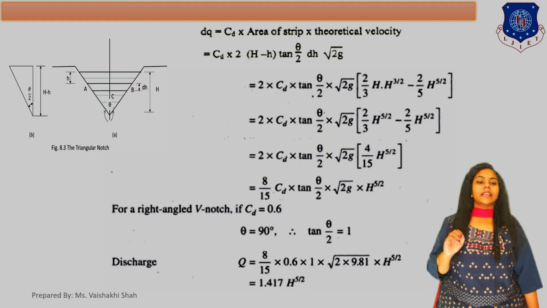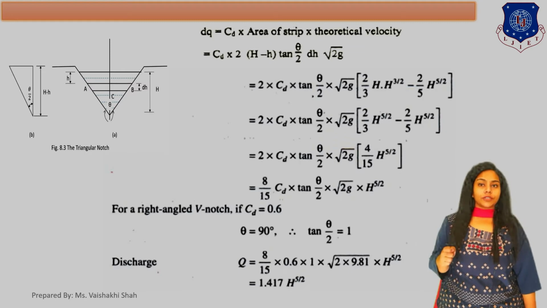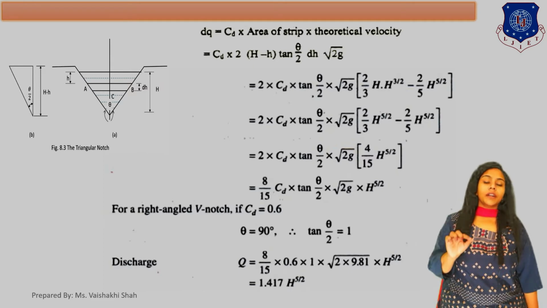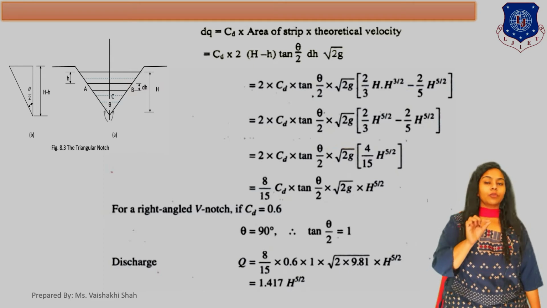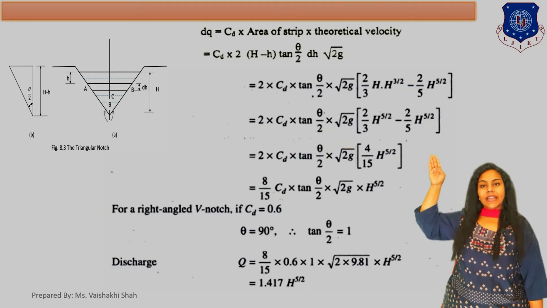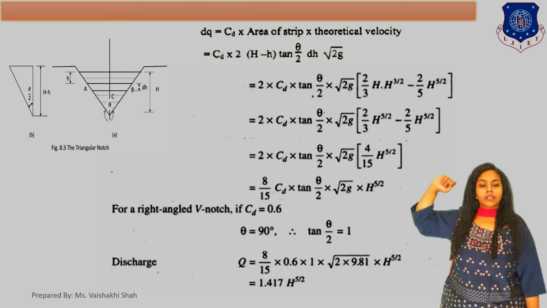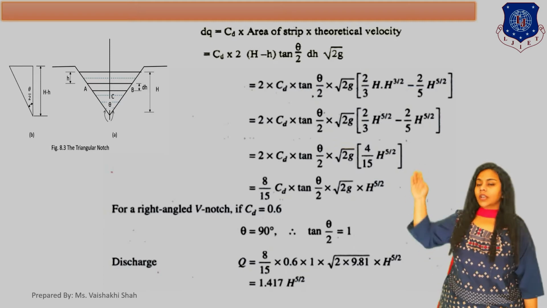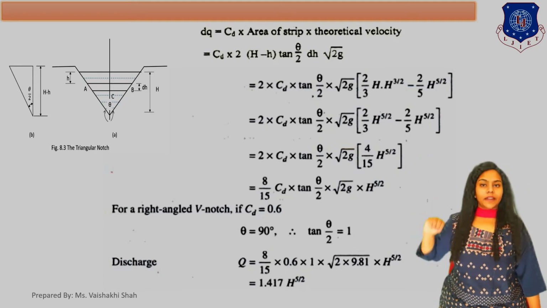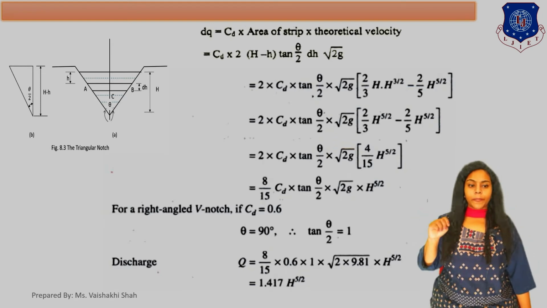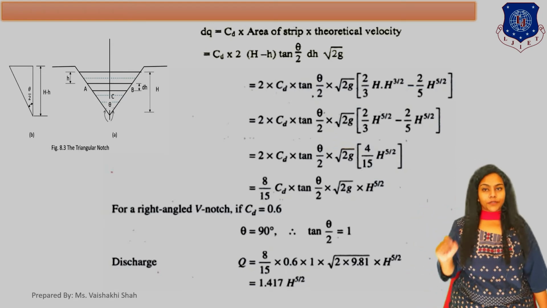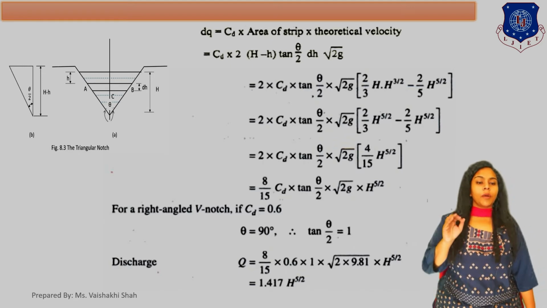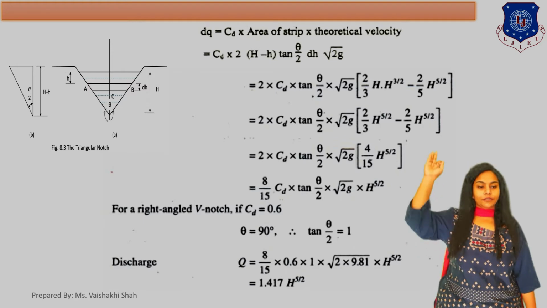So there is integration of (H minus h) into under root h into dh, and by placing the values of limit 0 to H, that is 2 into CD tan theta by 2 under root 2g into (2 by 3 H raised to 3 by 2 minus 2 by 5 H raised to 5 by 2).